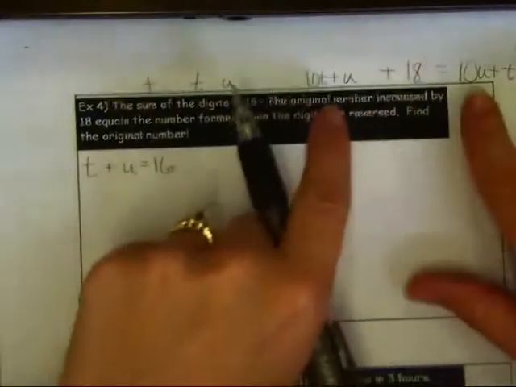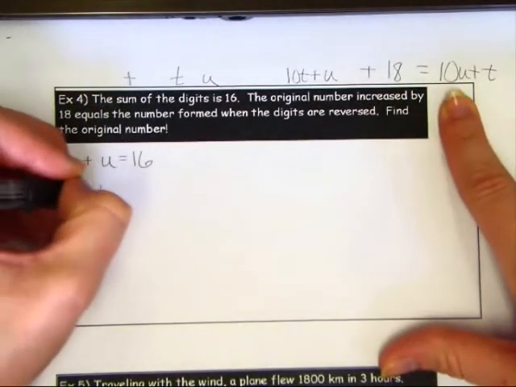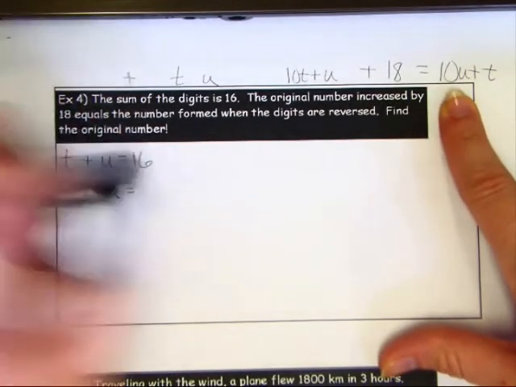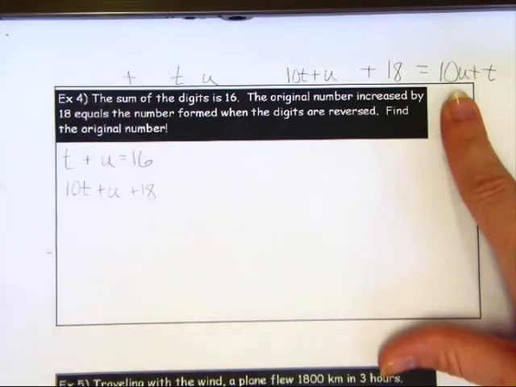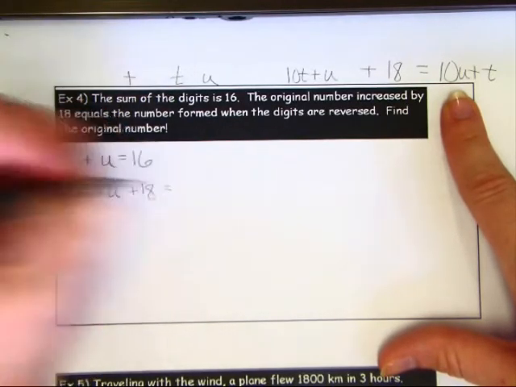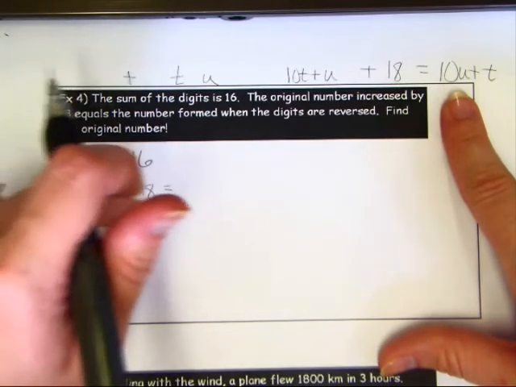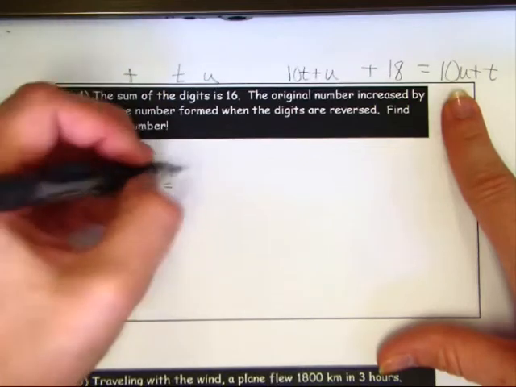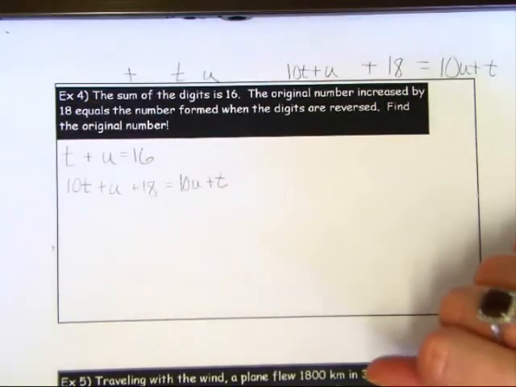So I made my little equation up here. The original number increased by 18 is the number you get if you reverse the digits. Pretty cool.